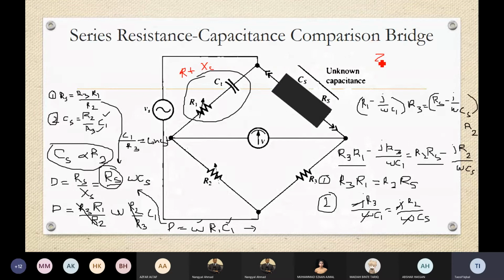Let's say we have Z1 as the combination of R1 and C1, divided by R2, which is the variable resistance. So this ratio has to be equal to the ratio of Zs divided by R3.